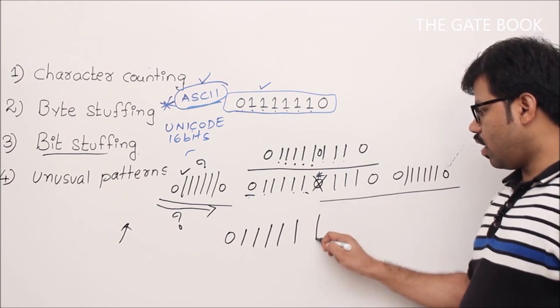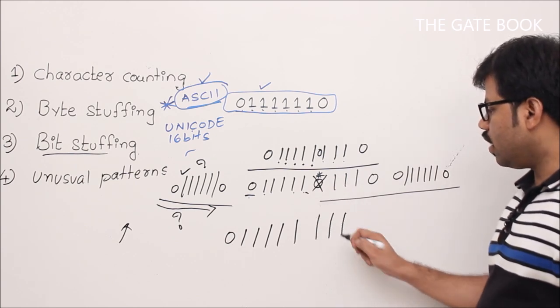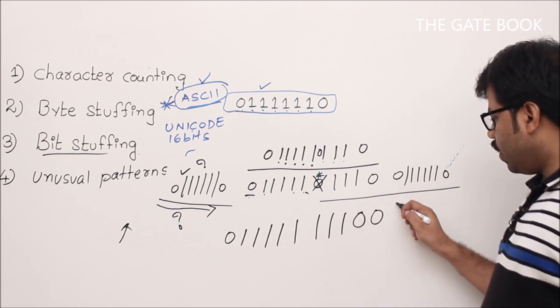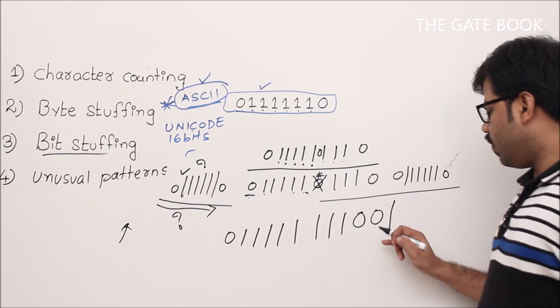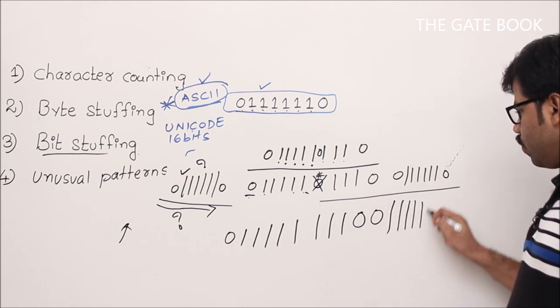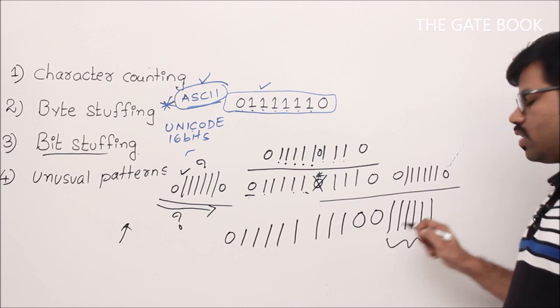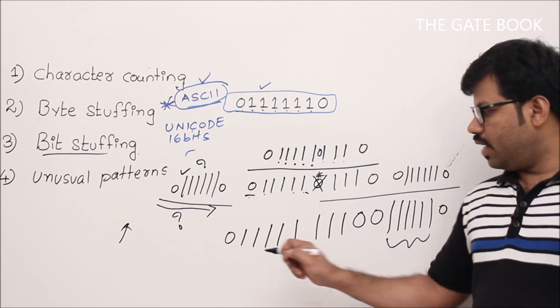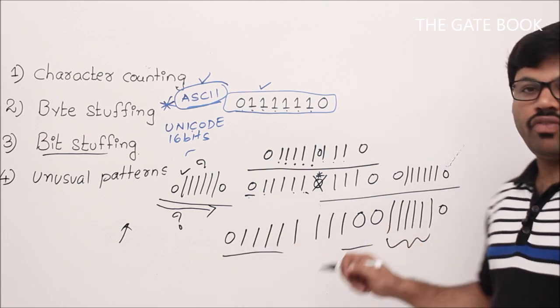Then again 1, 2, 3, correct? Then 0, then 0. Whenever a new one comes, it starts counting the ones: 1, 2, 3, 4, 5, 6. Since you got 6 ones, definitely it is the end of the frame. In that way it can easily detect the start of the frame and the end of the frame.